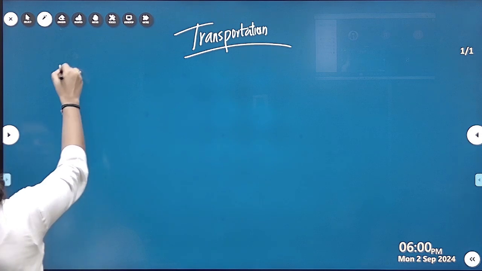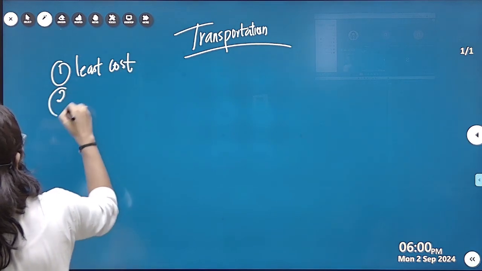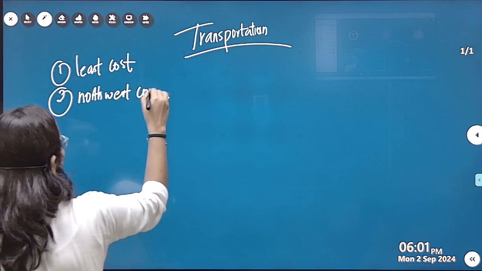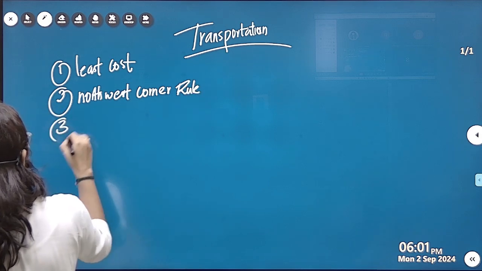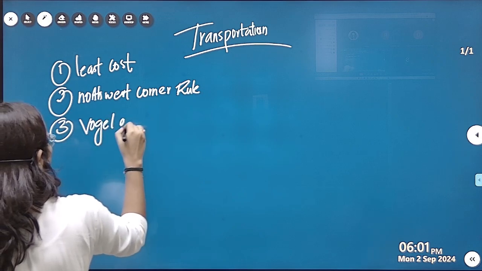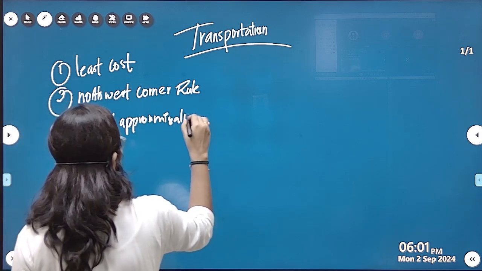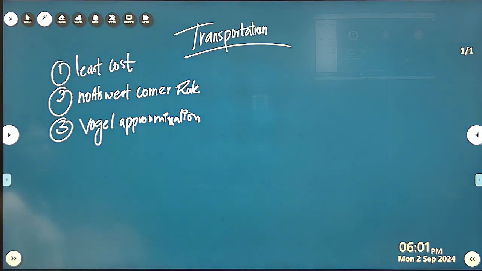The first one is the least cost method, the second one is the northwest corner rule, and the third one is Vogel's approximation method.